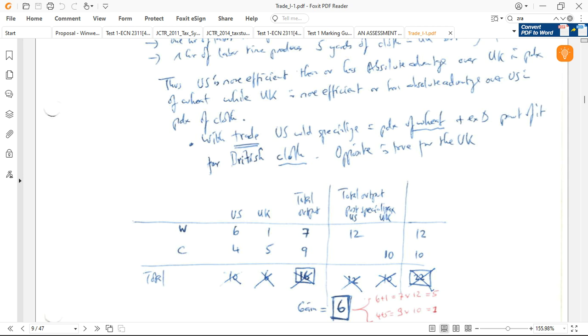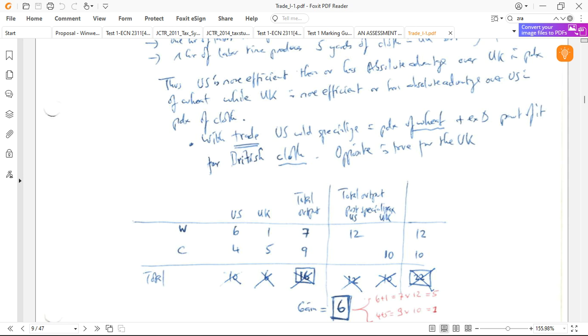So don't say, but where did the 12 come from? Practically, you have specialized, which means that instead of wasting this hour to produce the other commodity, you are using it to produce this particular commodity, which means that you now have 12 for wheat. Earlier, before specialization, the total was only 7, but after specialization you are able to produce the 12.